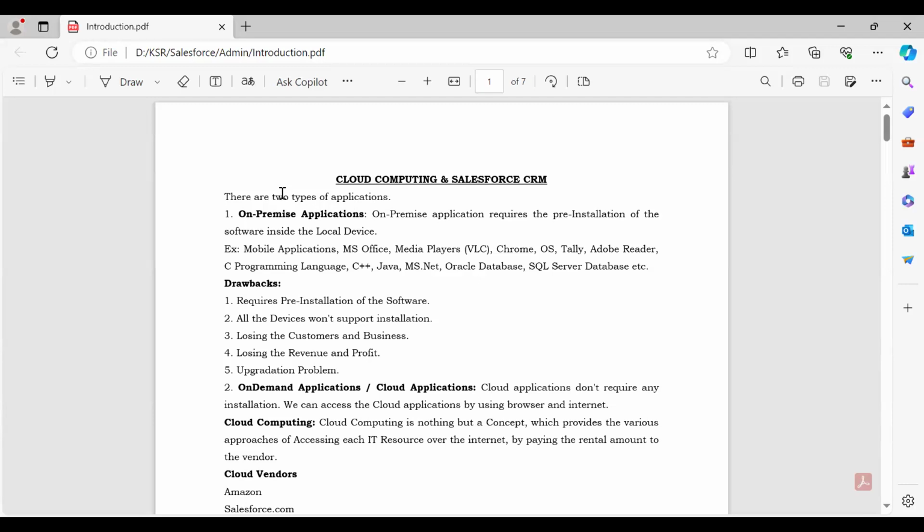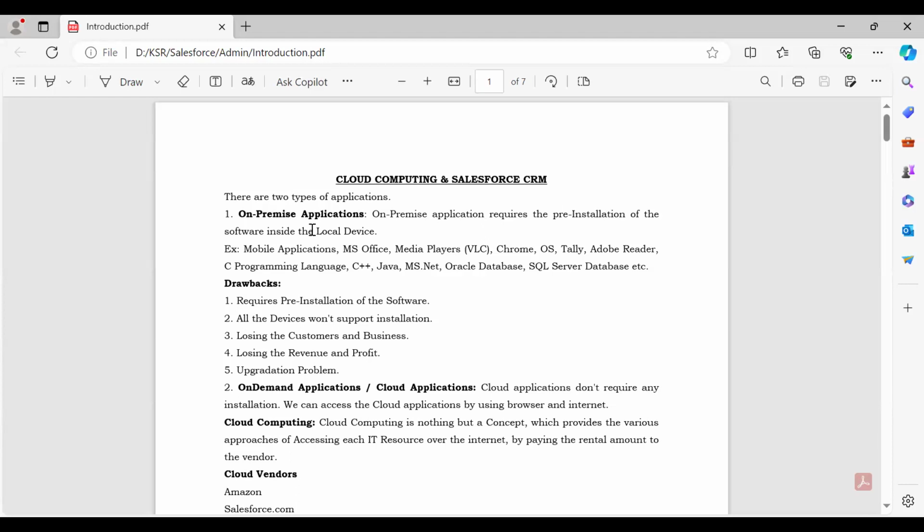There are 2 types of applications in the IT industry, as discussed yesterday. One is on-premise and the second one is on-demand applications. They are also called cloud applications. What do you mean by on-premise applications? On-premise applications are those applications which require the pre-installation of the software in the local device. That is, without installing software in the local device, we cannot use these applications.